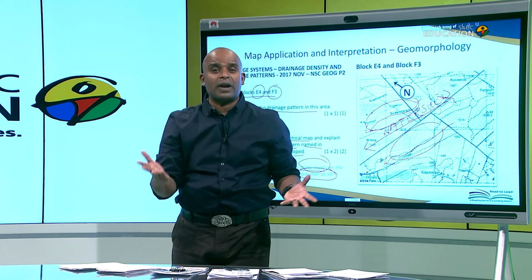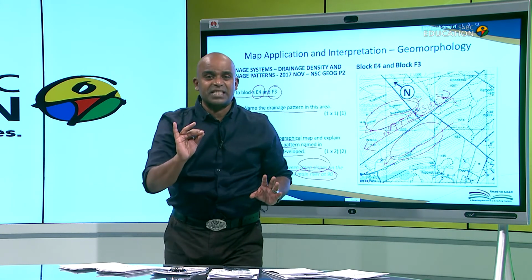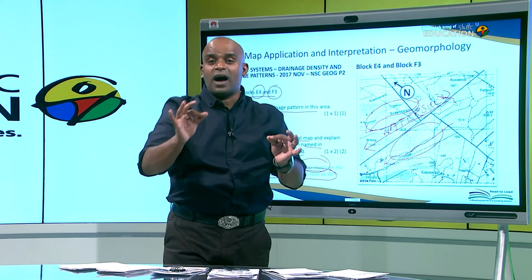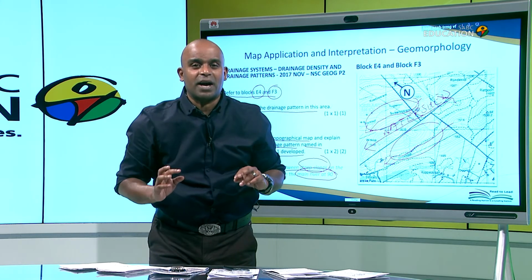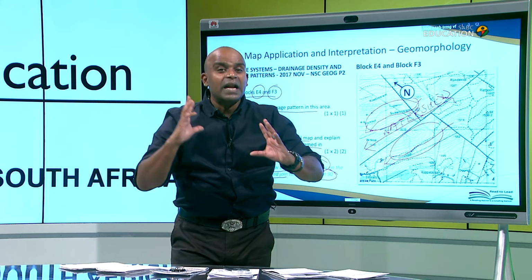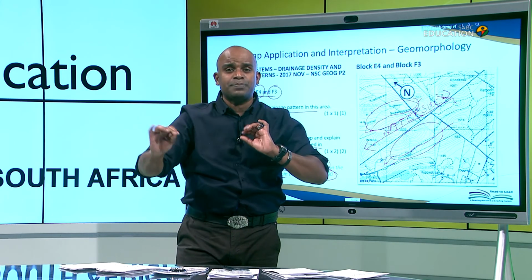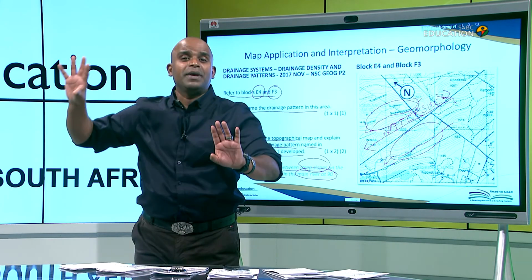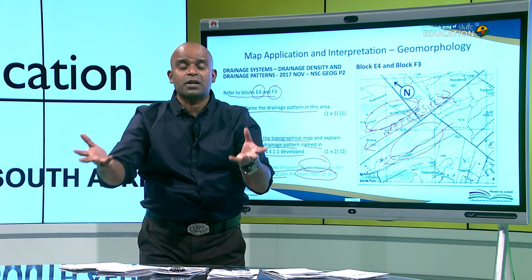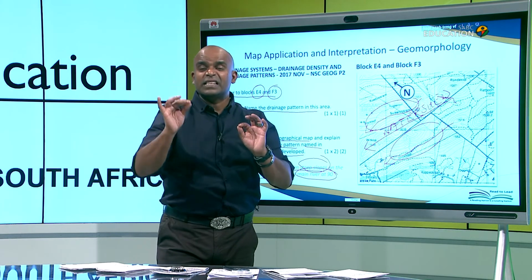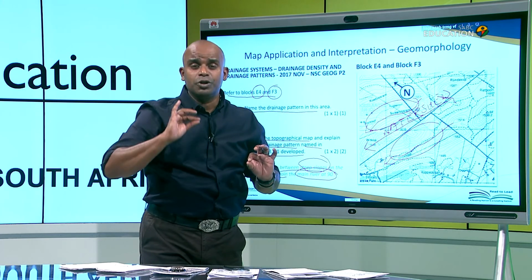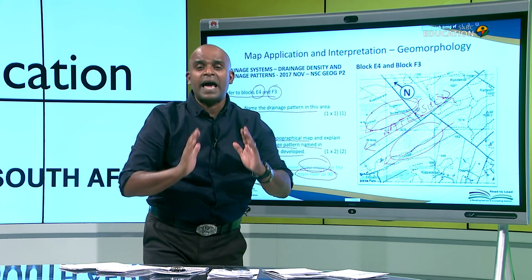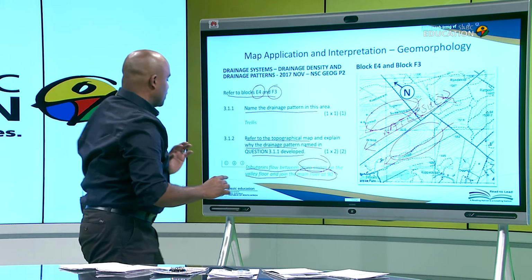Generally, most topographical maps have dendritic patterns, and your dendritic patterns are shaped like the branches of a tree. So your ability to distinguish between drainage patterns from your theory and being able to find them on topographical maps is what's crucial. This is where the skill of geography comes in: applying your knowledge to a topographical map.